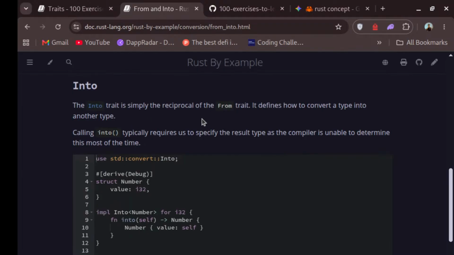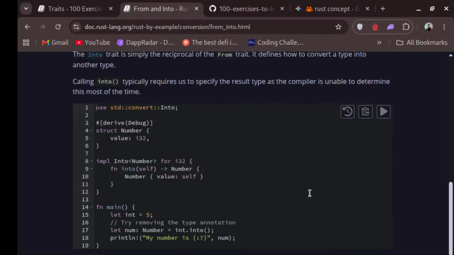The Into trait is the simple reciprocal of the From trait. It defines how to convert a type into another type. Calling the into method typically requires us to specify the result type, and the compiler is unable to determine it most of the time.